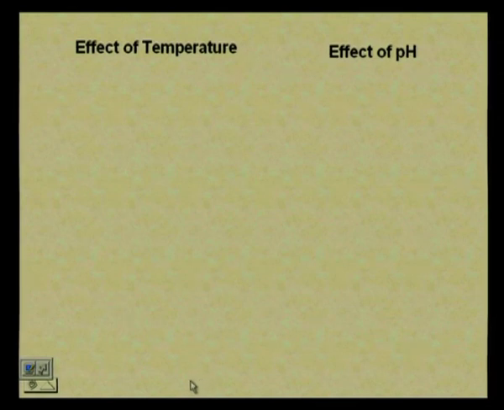Now, what happens to a protein when we heat it? It denatures. An enzyme is a protein. So, what do you have for normal reactions when you increase the temperature? The rate increases, right.